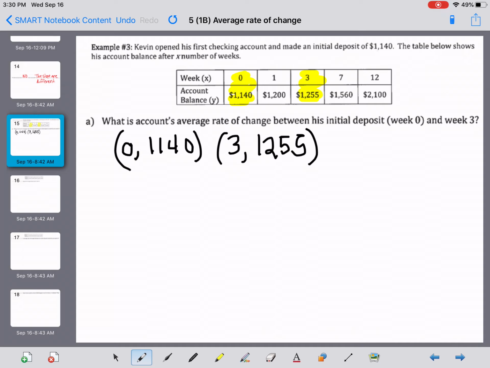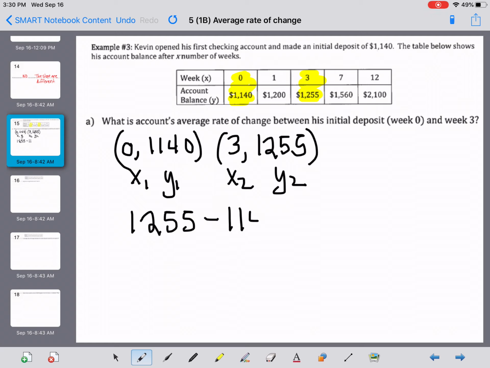And we're going to put this back into the formula to calculate slope. So I'll label the points, and then it's going to be the change in y divided by the change in x.